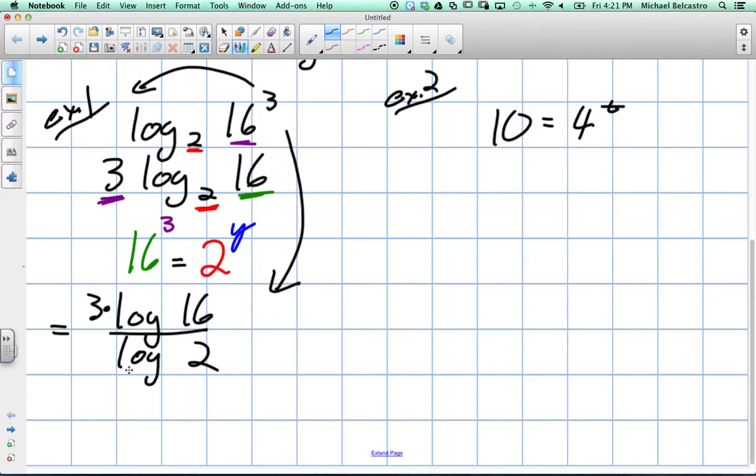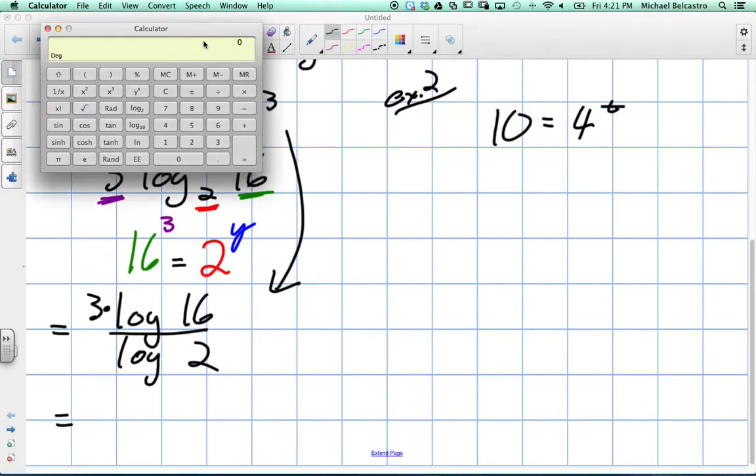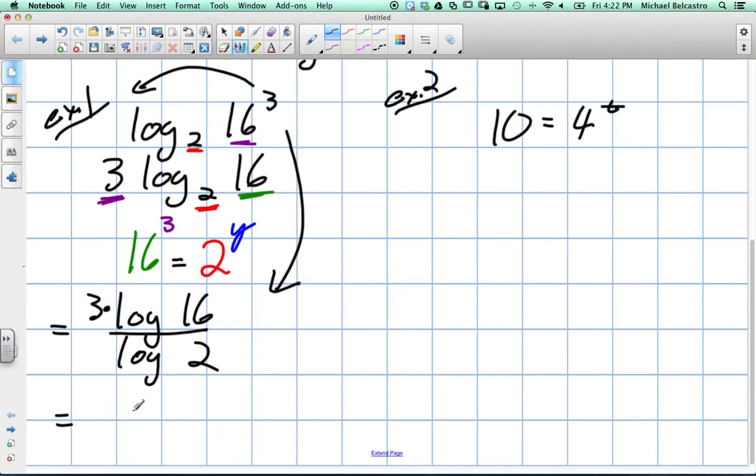So we can put this into our calculator to help us evaluate. So our 16 log base 10 divided by 2 log base 10, and then times 3 gives us a value of 12. So when we evaluate this, we get a value of 12.